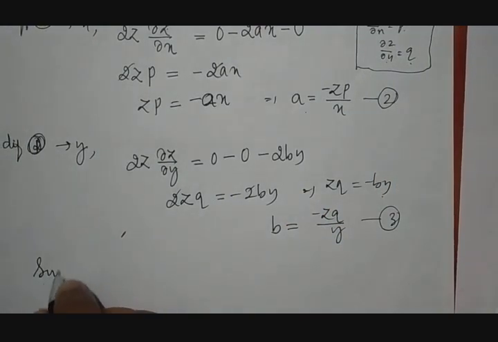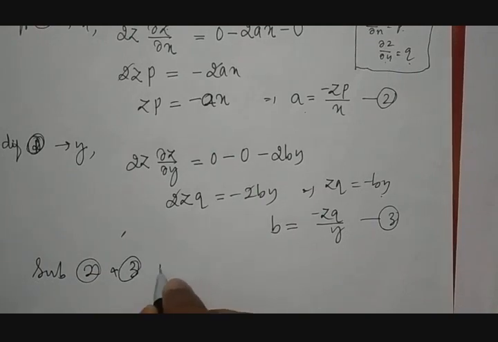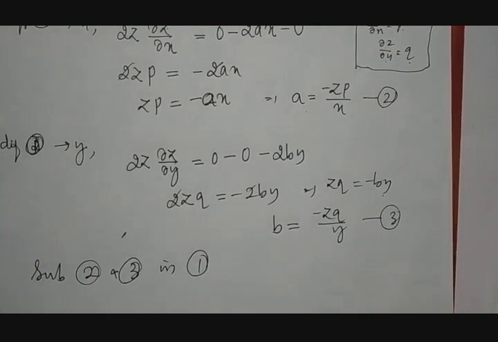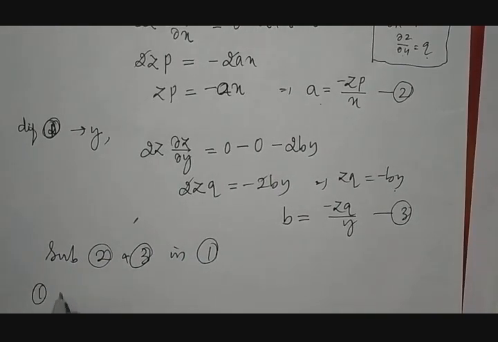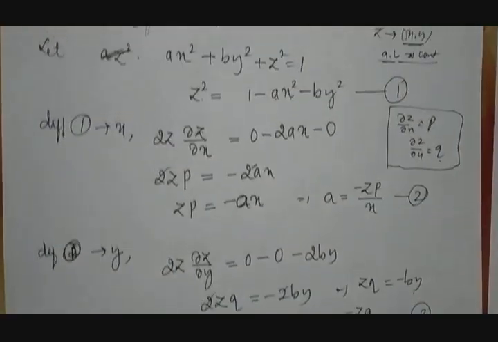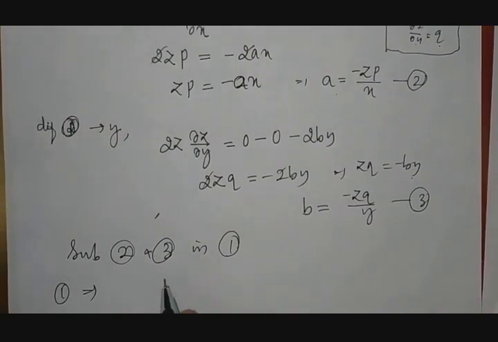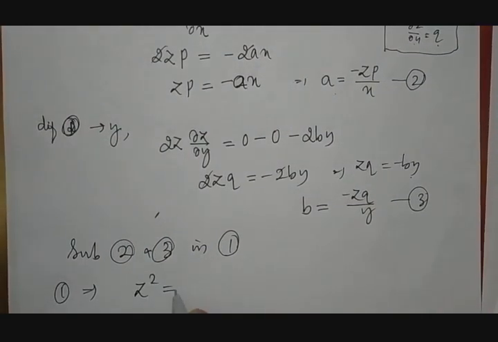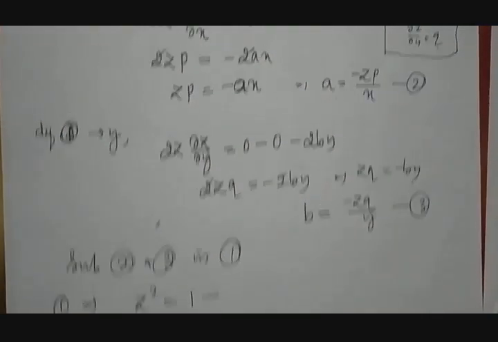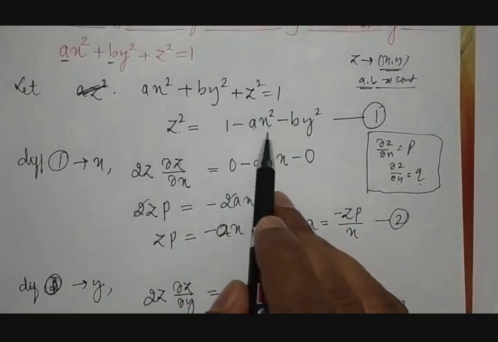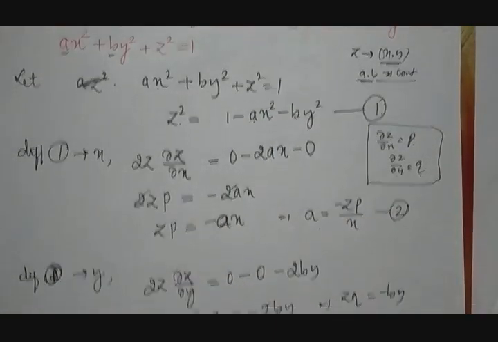Then what we do, let us substitute equation number 2 and 3 in equation number 1. Equation number 1 is z square is equal to 1 minus ax square minus by square.